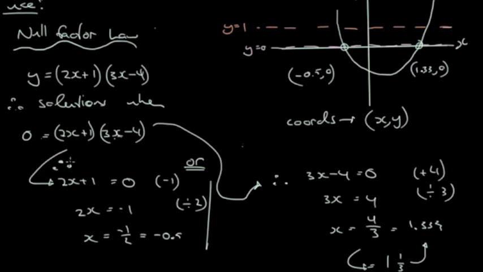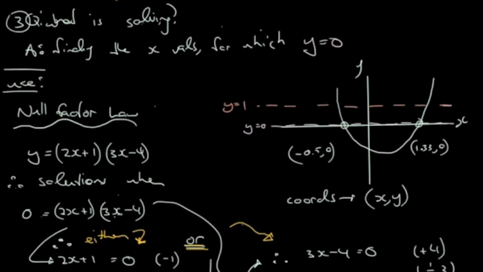It's saying either that's the case or that's the case. Either this first term equals 0 or this second term equals 0. So that's using the null factor law to find the roots or find the solution.